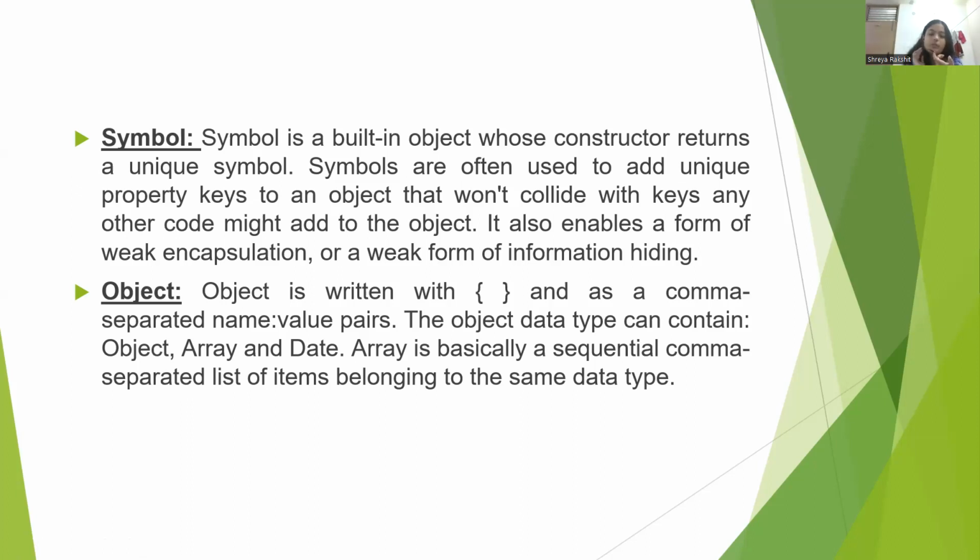An object is written with curly braces around it, and within it we write comma separated pairs of name colon value. The object data type can contain all the built-in data types, as well as another object, a date object, and it can also contain an array. An array is a sequential comma separated list of items belonging to the same data type.